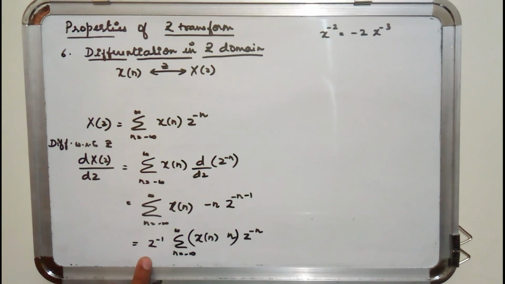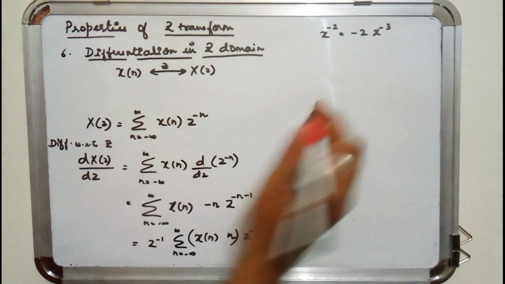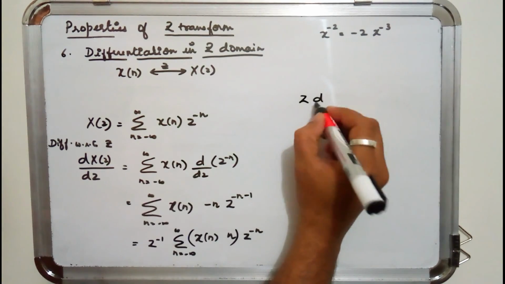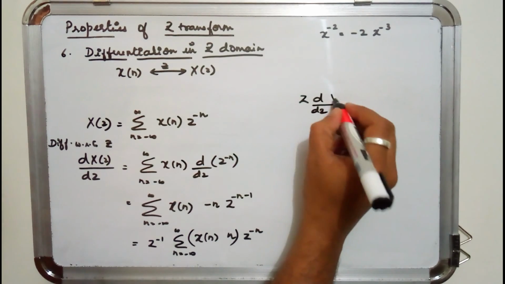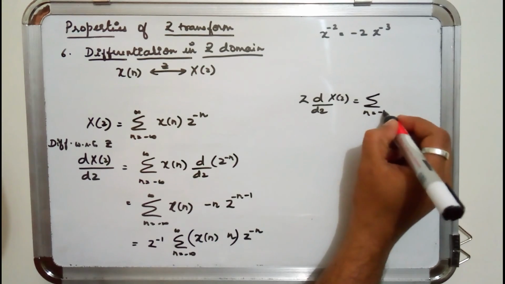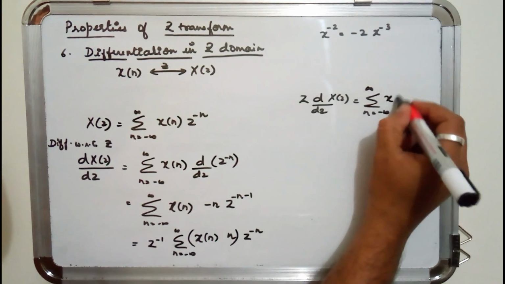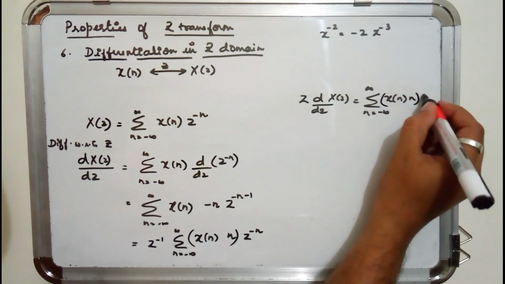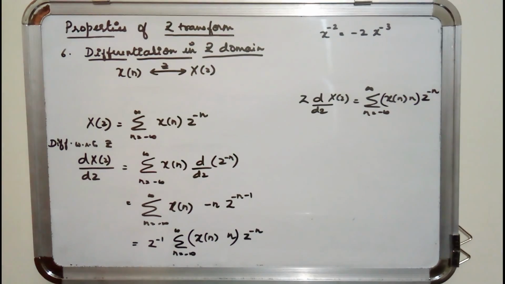So this is z power minus 1. I can write it as 1 by z and multiply it across here. So I'll be getting z into d by dz of x of z is equal to summation n is equal to minus infinity to infinity x of n into n into z power minus n.